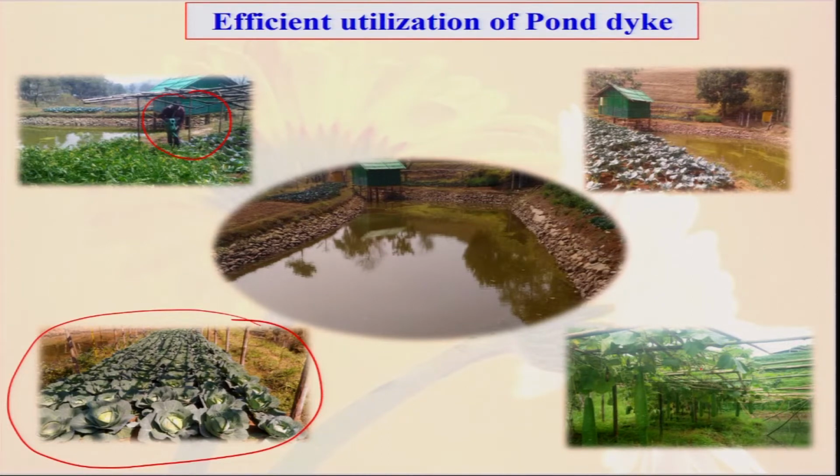This is locally available bamboo, you do not have to purchase from outside, and after that you can grow different types of cucurbitaceous plants like bottle gourd and pumpkin, and you will see beautiful bottle gourds hanging from this machan over the pond. This is very good, they can fetch a price in the market, and whenever your organic certification is there, you will get some premium price. So, your yield will be enhanced and you will get a better return for your family.